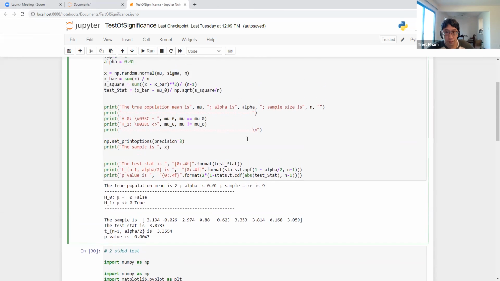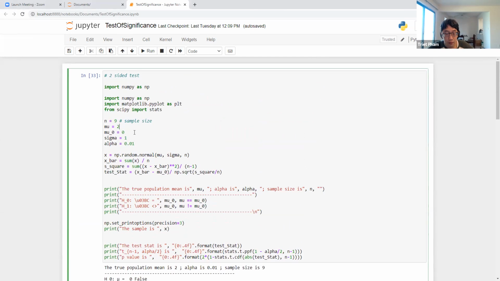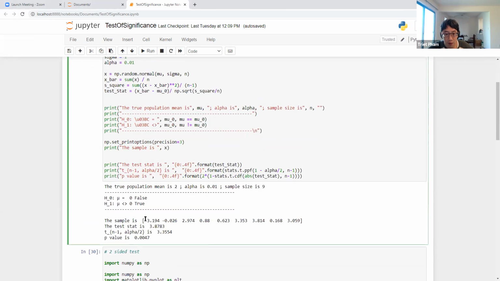So here, I was doing a sample of size 9. It's a normal sample. I will do this hypothesis test, which is two-sided, and testing mu naught is 0 here. And I run the sample.